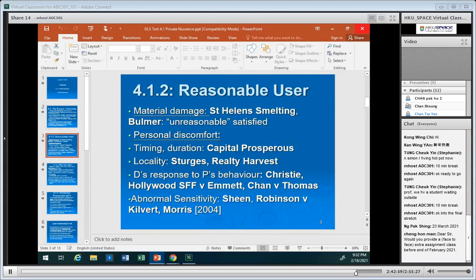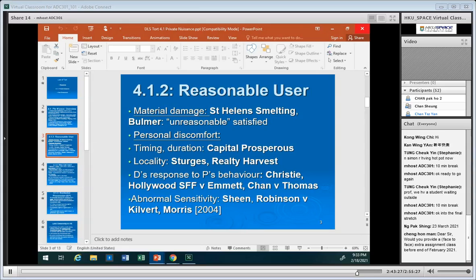What is unreasonable use? Well, as I say, if there's actually material damage, physical damage to the plaintiff's land, St. Helens Smelting and Tipping plus Bulmer says that is unreasonable, full stop. Okay, so in your assignment, question 2, look at the interference to the plaintiff's land. Is it actually physical or material damage to the plaintiff's land?